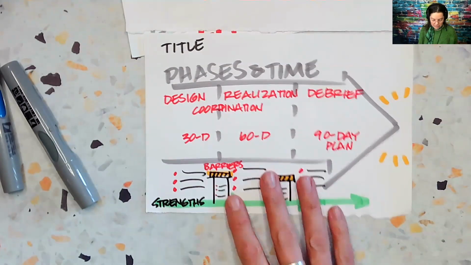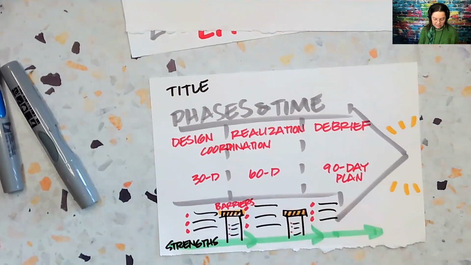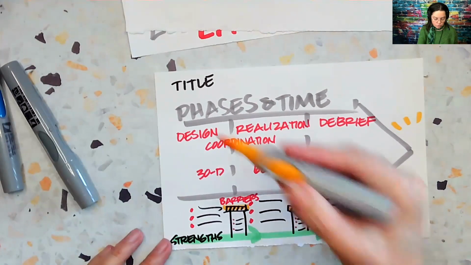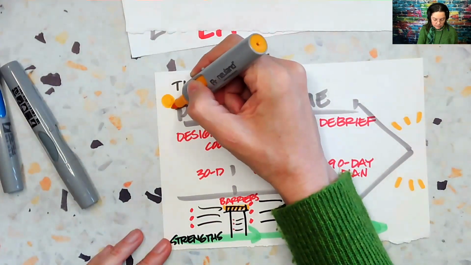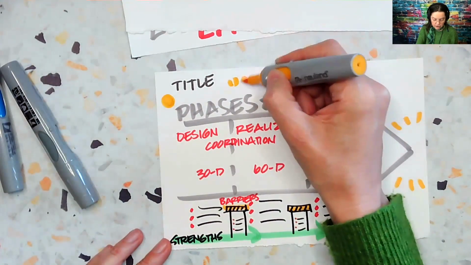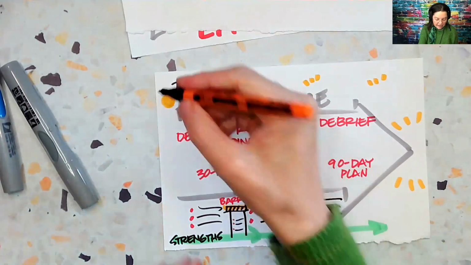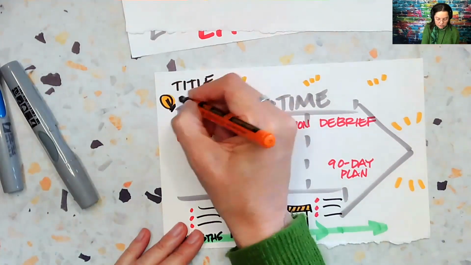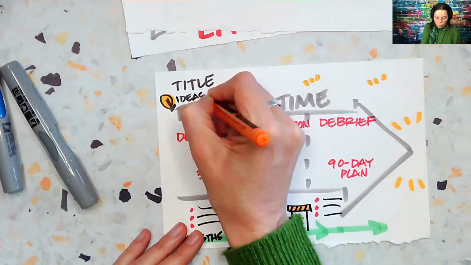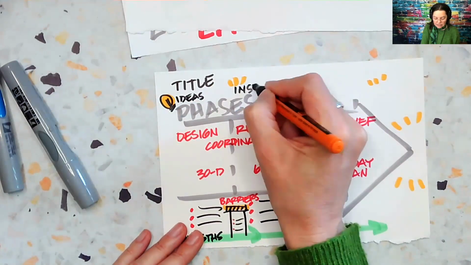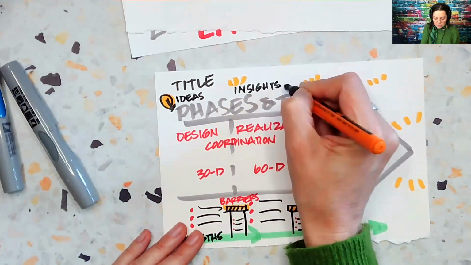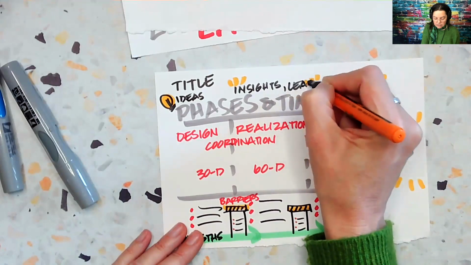And it might also be that in the process here, if you wanted to make this into a working document, you can either say, okay, what great ideas came out of this process, or what were some insights, learnings.